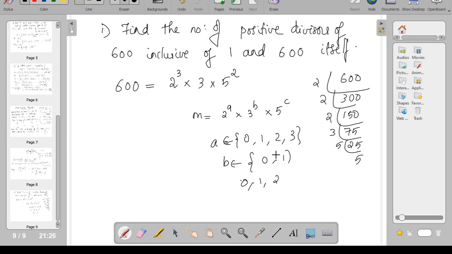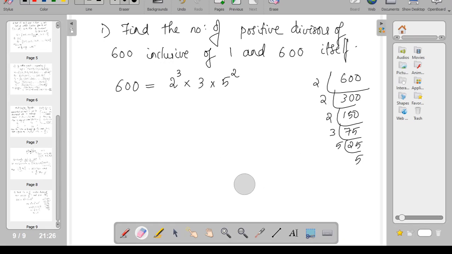So that gives the total number of divisors. So let us write that.